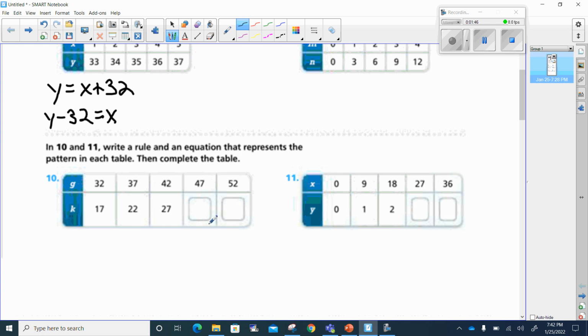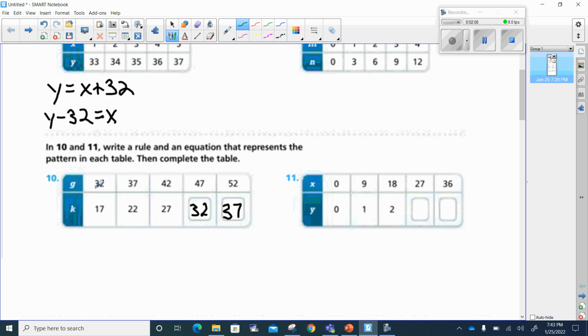So this would be 47 minus 15, which would be 32. And this would be 52 minus 15, which would be 37.